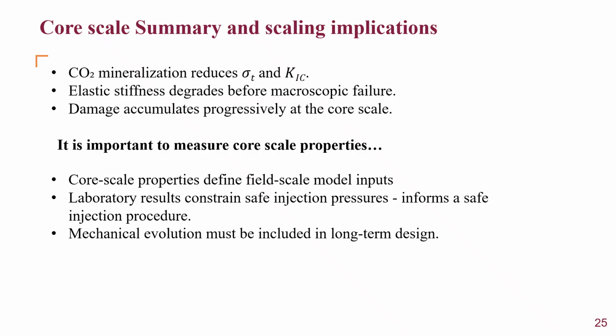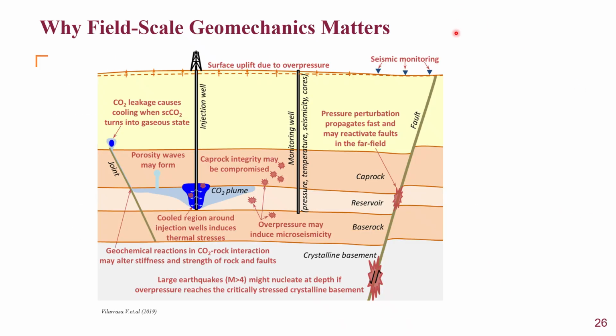Full scale geomechanical monitoring matters because when you inject CO2, you form a CO2 plume. The CO2 migrates, mineralization is occurring. Now, there might be points where the CO2 would migrate to joints that connect two different rock formations, and CO2 may leak.